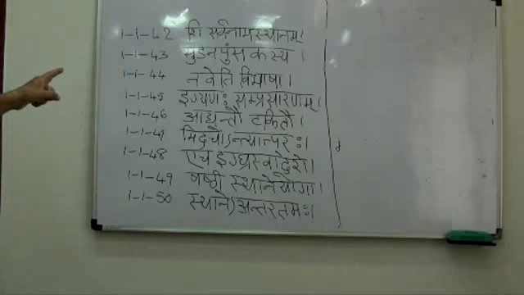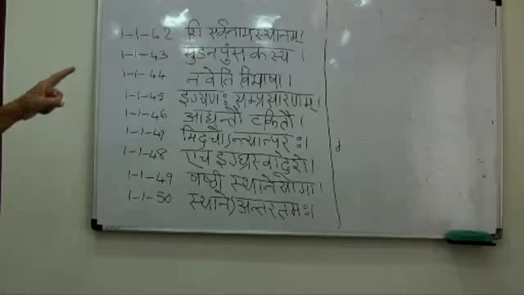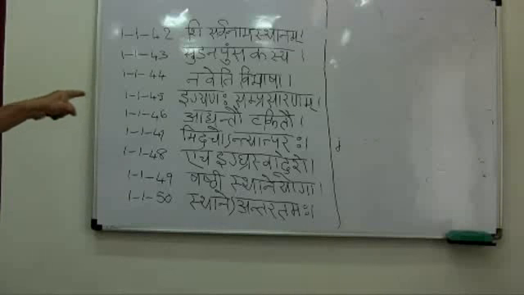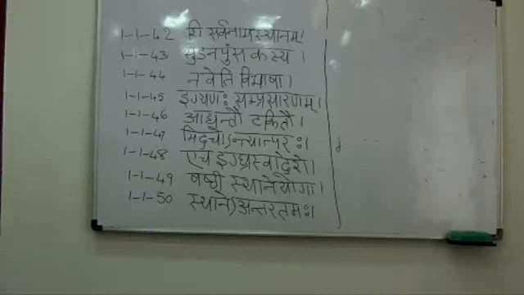I explained, Si Sarvanamasthānam refers to Napumsaka. Even though the Napumsaka Shabda is not there in the sutra, we have inferred it is Napumsaka because the next sutra Anapumsaka is telling. So, this Sud Anapumsakasya refers to Anapumsaka Shabdas, that is Pullinga Shabdas and Srilinga Shabdas.